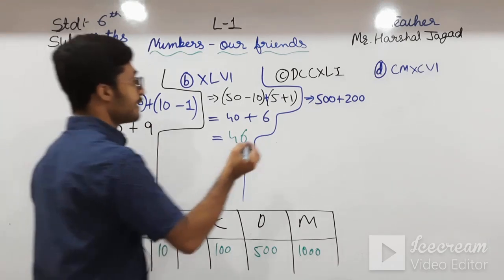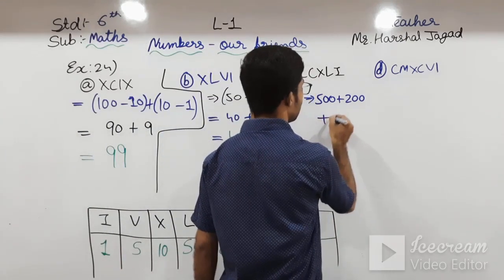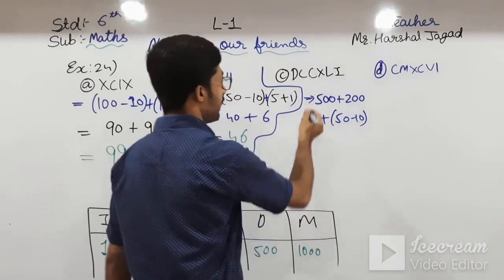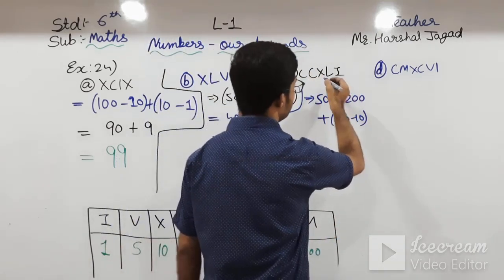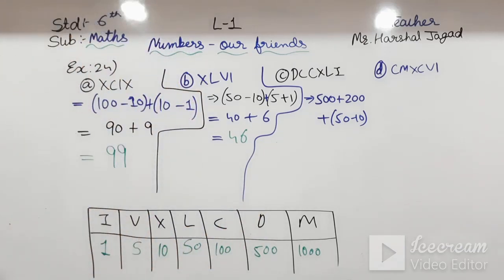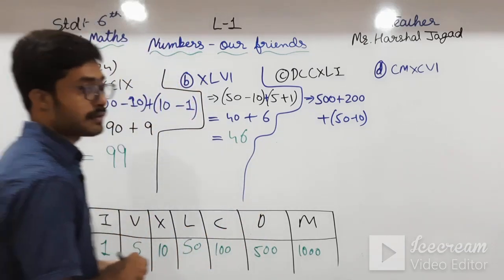The value of L is 50 minus 10, and then at last plus 1.